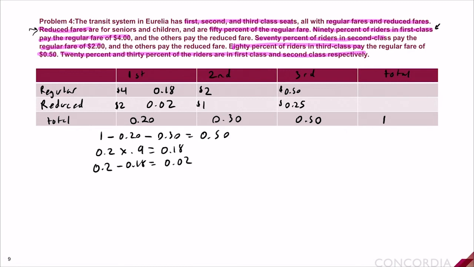Applying the same logic to second class, which tells us that 70% of all riders in second class pay regular fare.